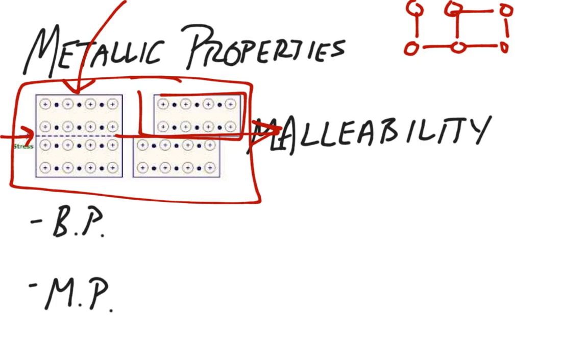Another property that we deal with in metals is a large variance in their melting points. There's a big range of melting points in metals, but on the whole they're very high. Now boiling point's a different story altogether. Almost all metals, the exception being mercury, are in the solid state.